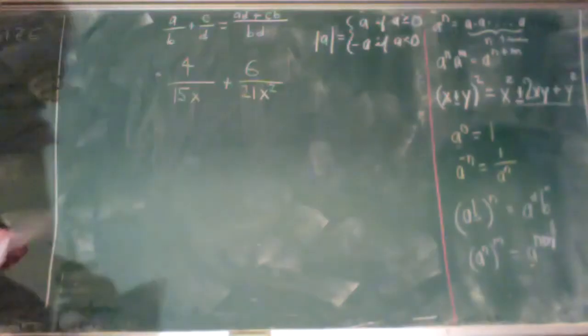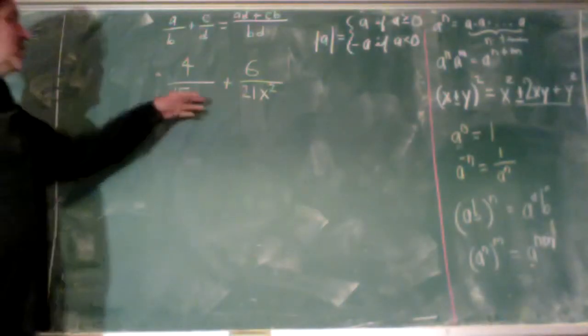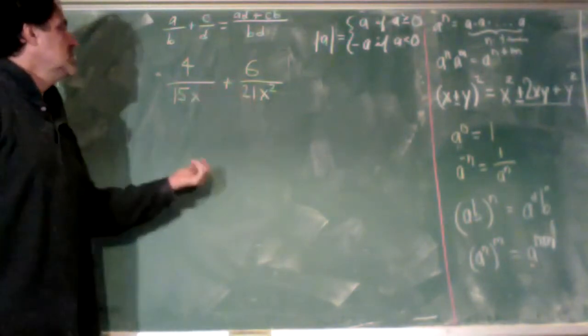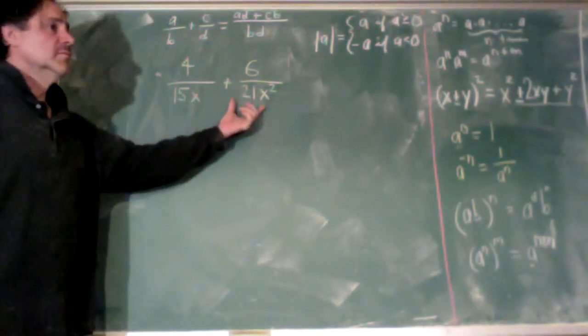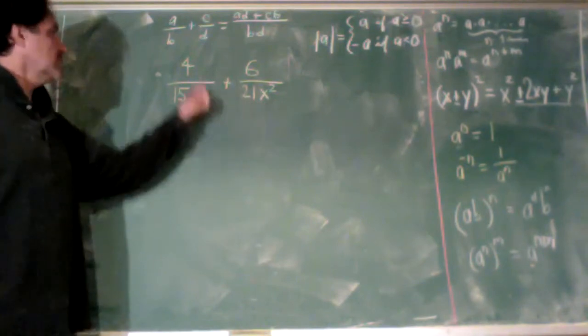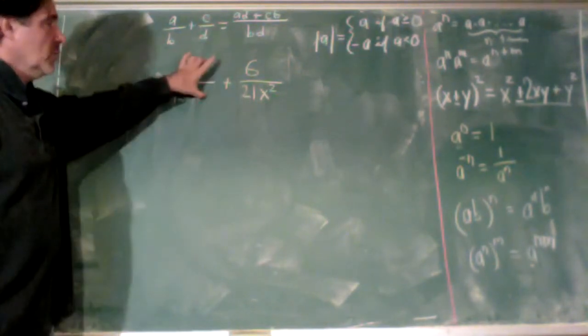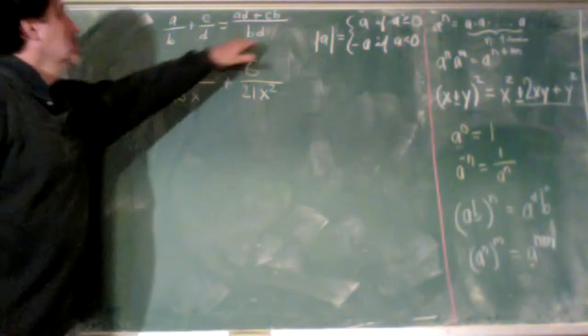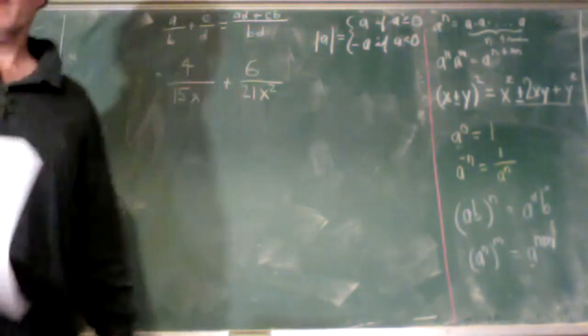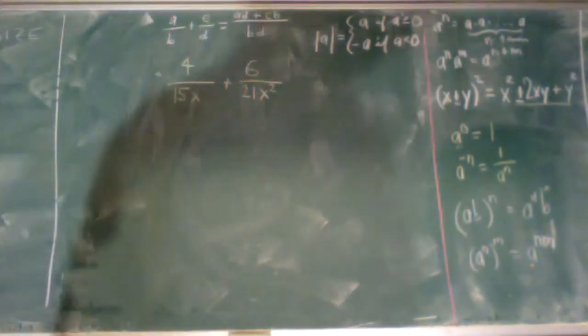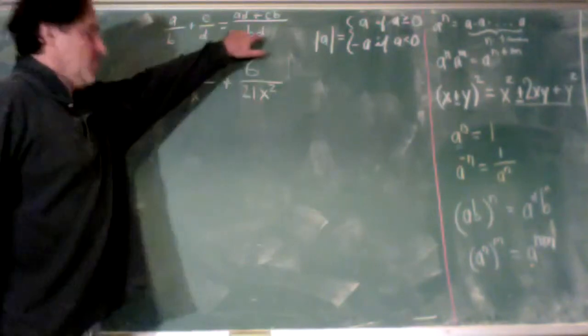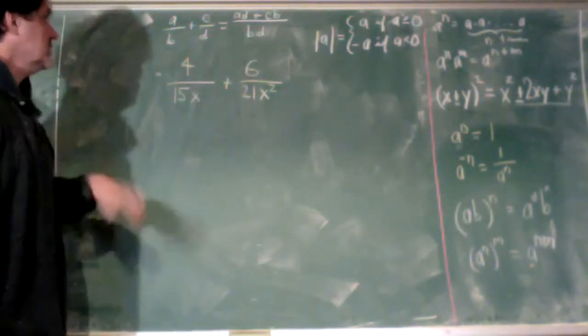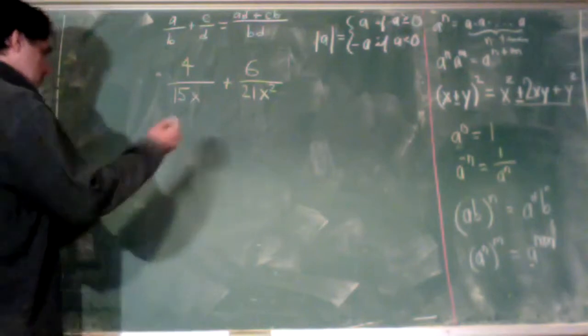So again, two ways to approach this. Either multiply each to obtain a common denominator, multiplying numerator and denominator by, again, a form of 1, or just directly apply this form of the definition of the addition of two fractions.